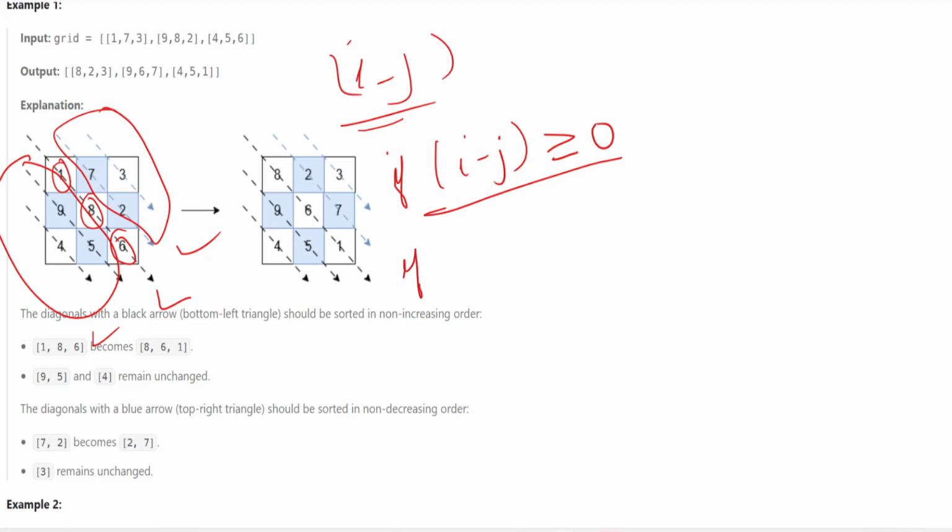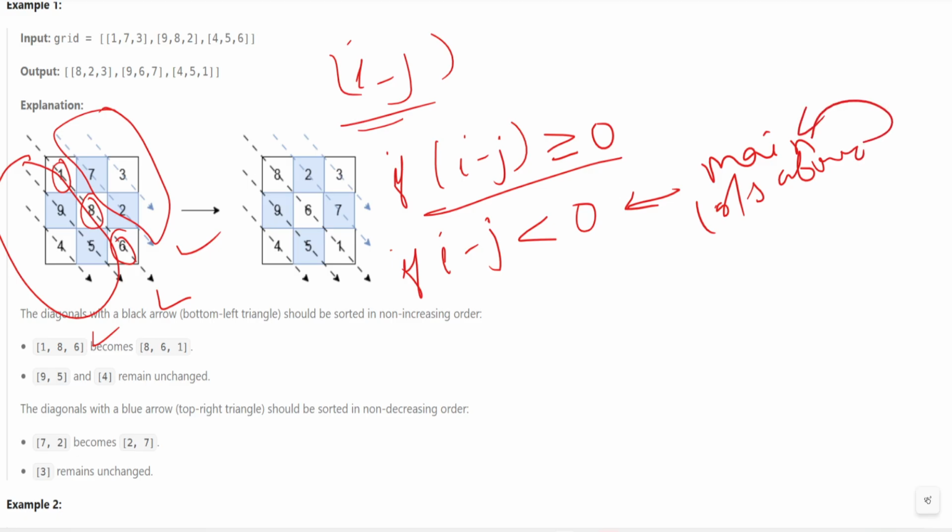If i minus j is coming 0, it means it is the main diagonal, it will always be the main diagonal, and it will be above the main diagonal, you can say. It means in this case we have to do what? Sorting.